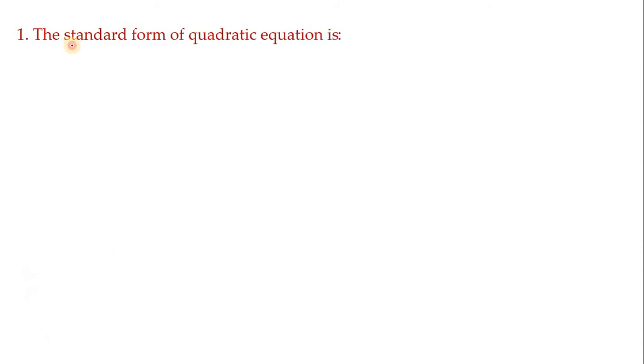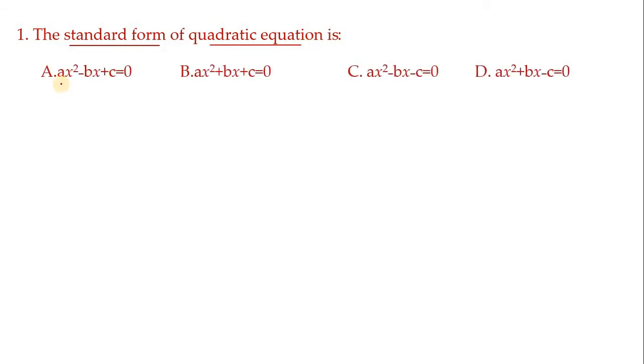First one. The standard form of quadratic equation is, options are: ax square minus bx plus c equals 0, ax square plus bx plus c equals 0, ax square minus bx minus c equals 0, ax square plus bx minus c equals 0.